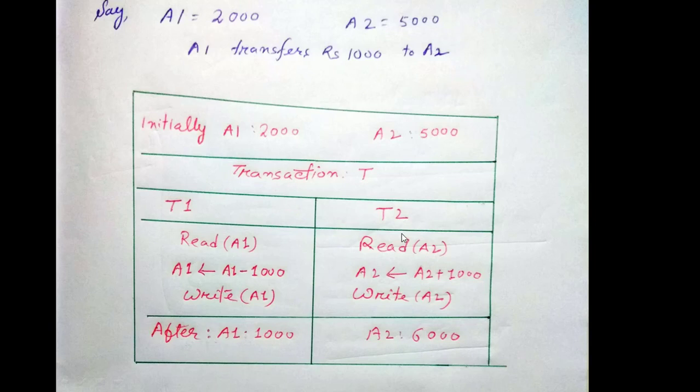Similarly in T2, read A2, then A2 is added with 1000, then write A2, that is, the change of A2 is now made to memory. After this transaction we have A1 as 1000, A2 as 6000. I hope this picture is clear to you.